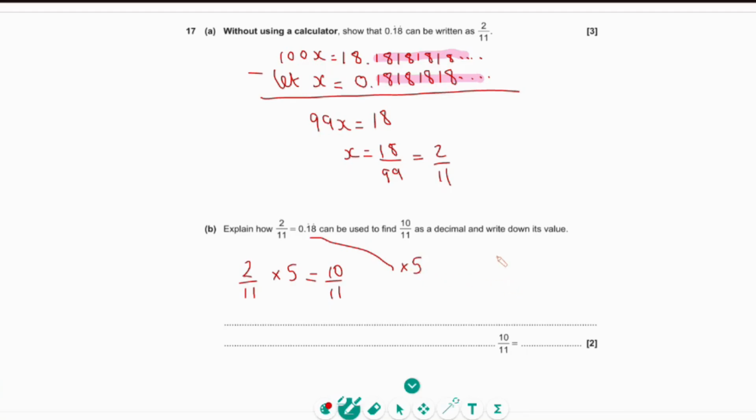So if you've got 0.181818 times 5, just do that on a calculator. I get 0.9090, so it's going to be recurring like 0.90 like this.